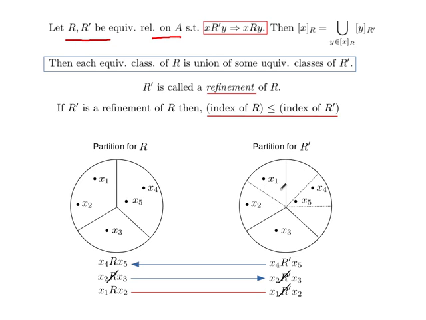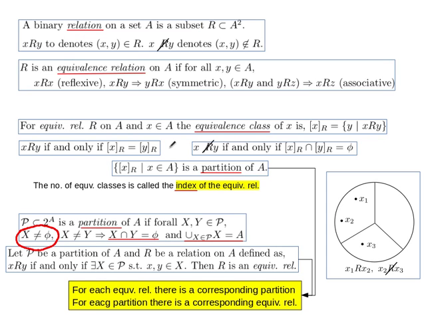Another thing I should say here is the definition of the index of an equivalence relation. If you have an equivalence relation, correspondingly you will have a partition defined like this, and the number of equivalence classes, the cardinality of this partition, is called the index of the equivalence relation.